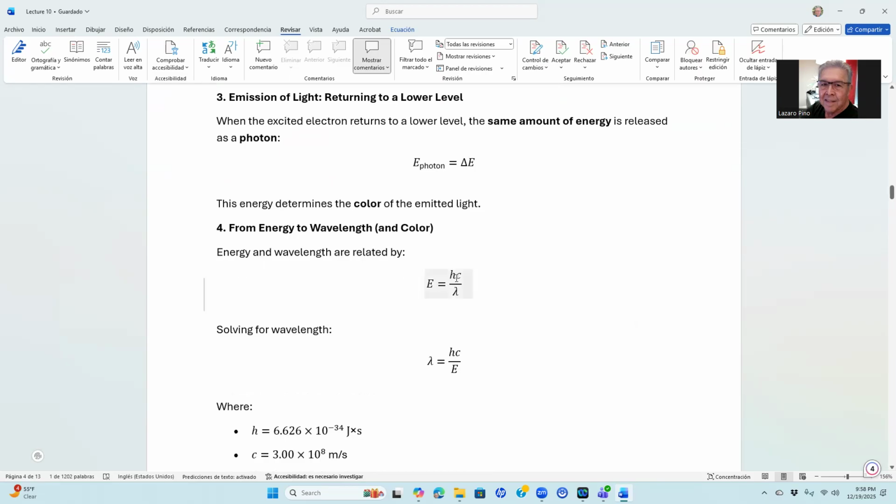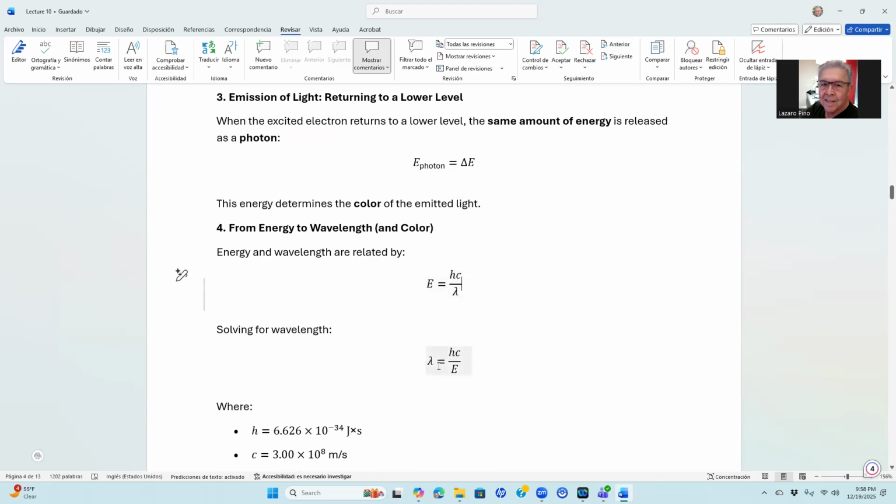So, using this formula, where h is the Planck constant, c is the speed of light, that is also a constant, and lambda is the wavelength.